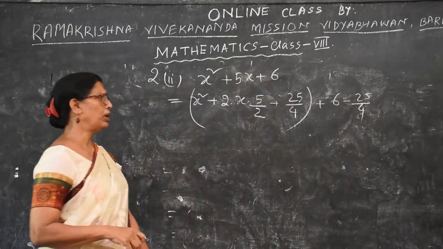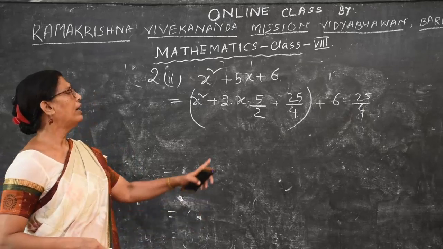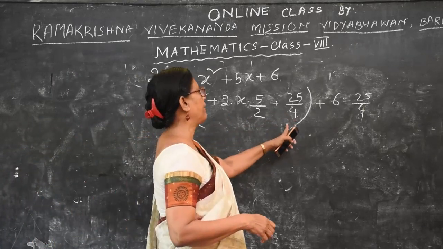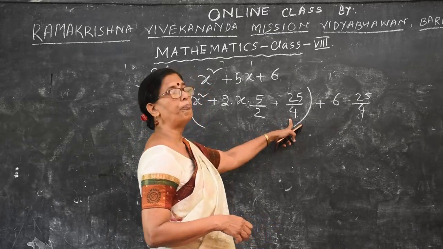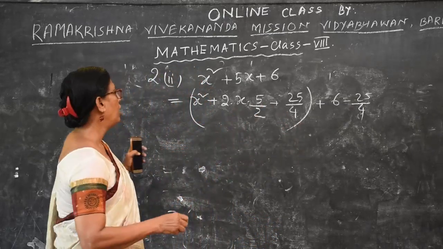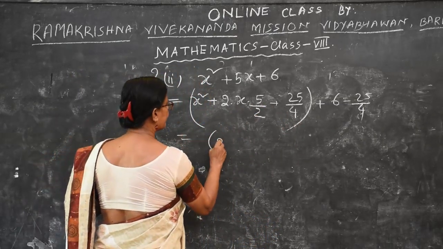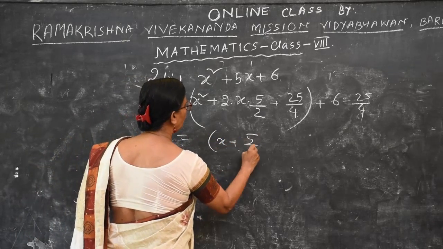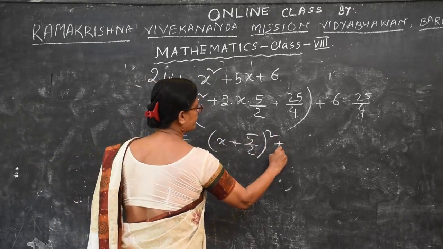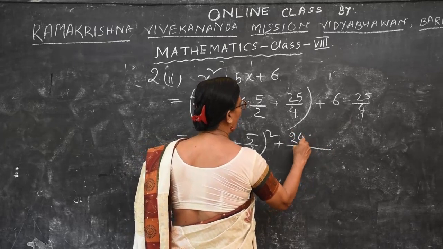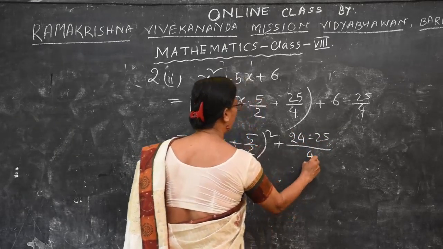All of you know from class 7 also that this is an adjustment to fit a formula. So it is x plus 5 by 2 whole square plus 24 minus 25 by 4.